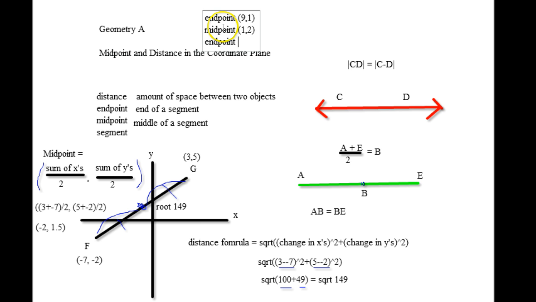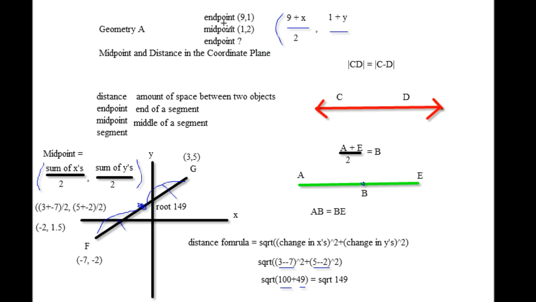So do not do the midpoint formula with this. You're going to have to use the midpoint formula to get the other endpoint. So when you plug it in, okay, you're going to have 9 plus some x, okay, and then you're going to divide that by 2, and we put a comma here, and 1 plus some y.